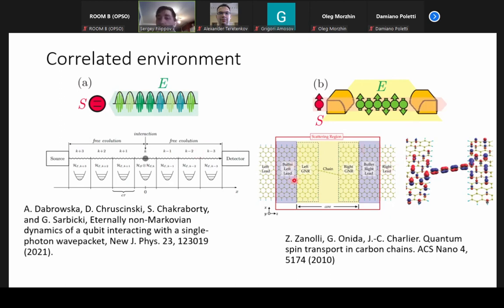So here on the right side of the slide, there is a citation to the paper which studied spin transport through one-dimensional structures, and they used density functional theory to calculate that spin transport. So also these calculations are quite complicated, and some simpler solution would be quite beneficial.